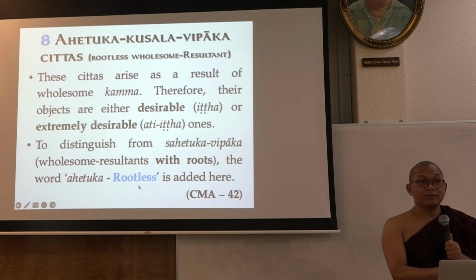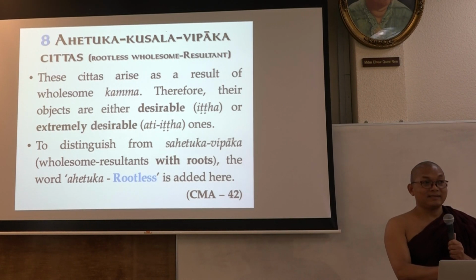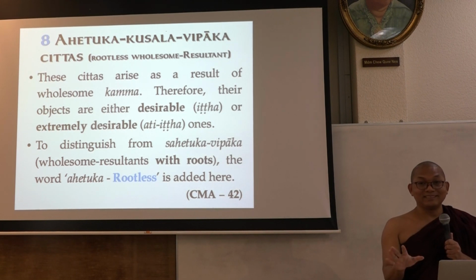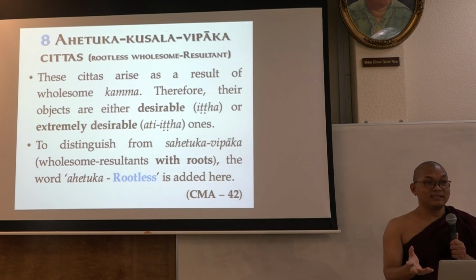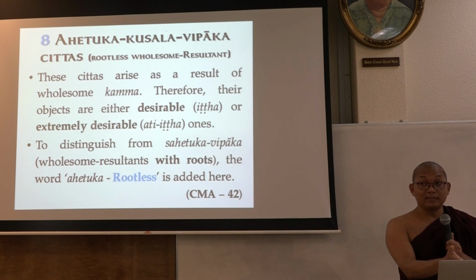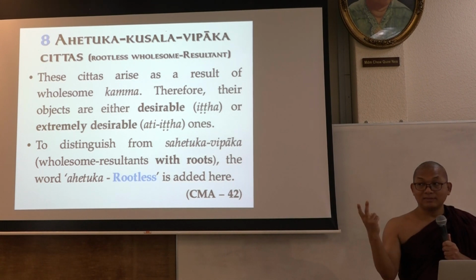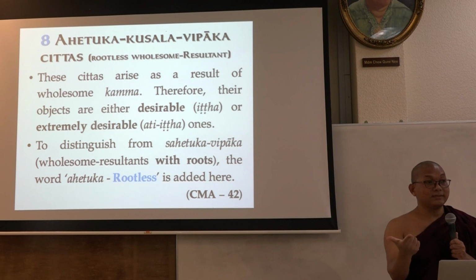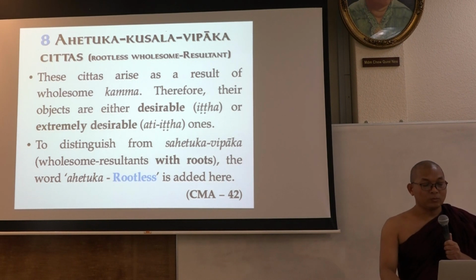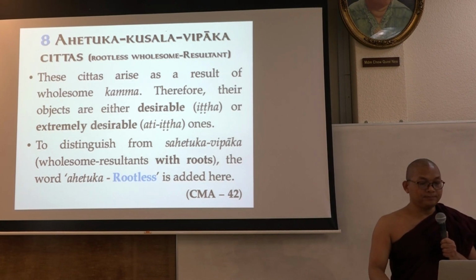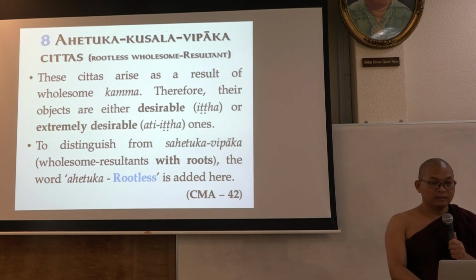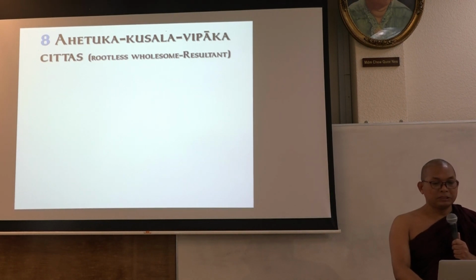In the case of akusala vipaka, we don't need to add ahetuka because we don't have sahetuka. That means akusala vipaka is purely ahetuka. But in the case of kusala vipaka, there are two types, ahetuka and sahetuka, without root and with the root. So this one is also not difficult.